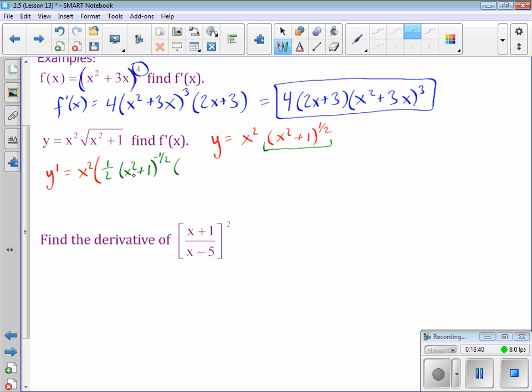So multiplying by the derivative of the inside is what? 2x. So questions on that? So that's just leaving the first part alone and taking the derivative of the second, right? What do I still have to do? The opposite of that, right? So what's the derivative of the x squared? 2x, and then I'm going to leave this piece alone.